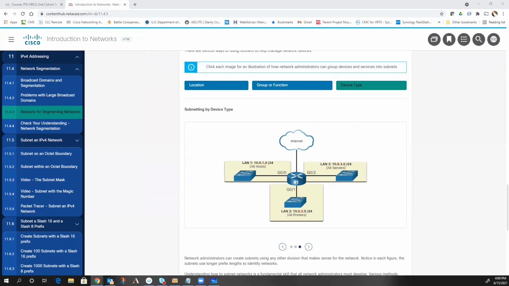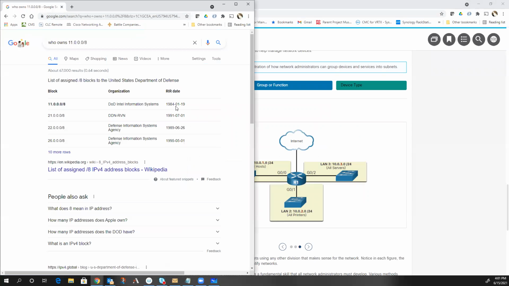We don't use 11 something as a subnet. You don't use it, right? Because it's owned. In fact, right here's who owns it. The 11 network is owned by the Department of Defense. Okay. And they've owned this since 1984.